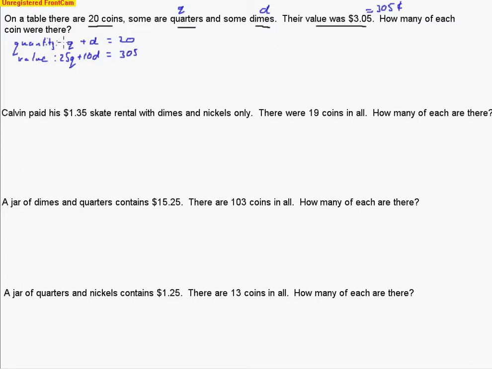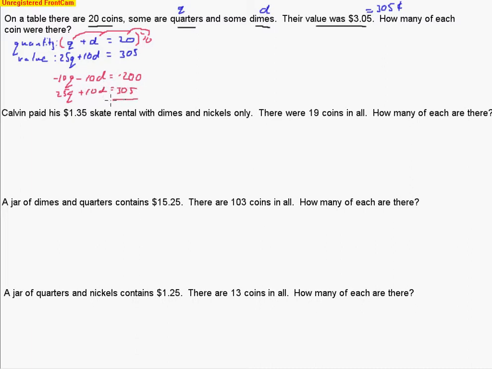Now we're going to solve using the elimination method. I'm going to choose to eliminate the d's, so I'm going to multiply each of these terms by negative 10. When I do that, I've now got negative 10q minus 10d equals negative 200. Down below, we just rewrite that equation: 25q plus 10d equals 305.